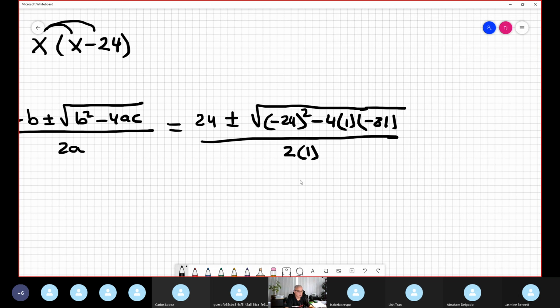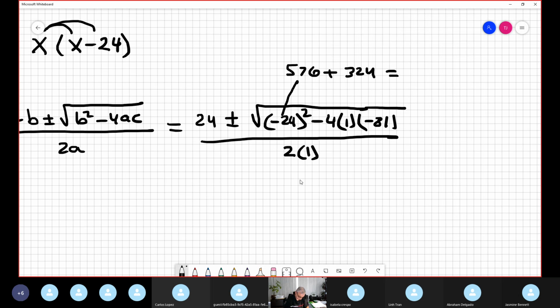It's heavy raining here, but don't worry. I solved that part. Negative 24 squared is 24 squared, which is 576. And the double negative becomes positive: 4 times 81 is 324.